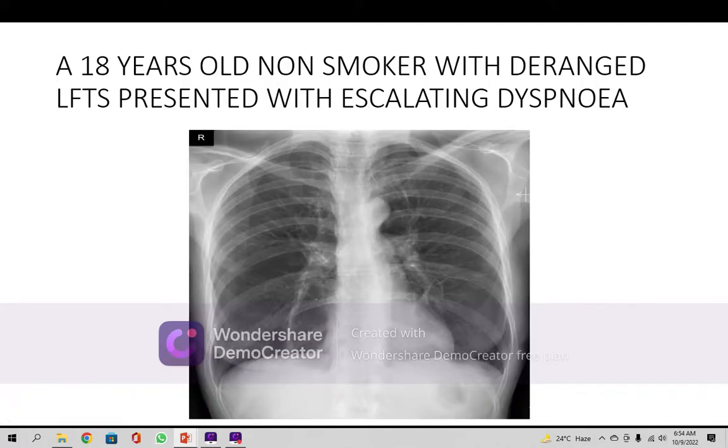An 18-year-old non-smoker with a deranged LFT presents with escalating dyspnea. This question was asked by me in the fellowship examination. This is probably the same X-ray. They mounted it at one time. There was a table viva.